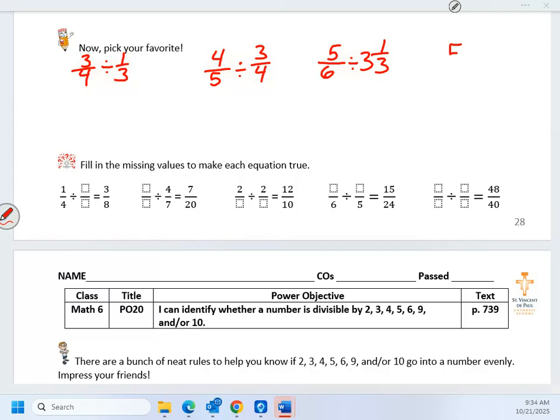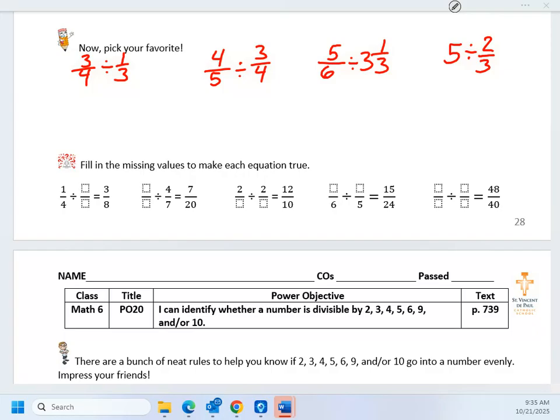And we have 5 divided by 2/3. So you need to write those problems down, and then you're going to do that math to find the answers for those 4 problems. And at the very bottom, it says fill in the missing values to make each equation true. So 1/4 divided by what would give us 3/8 as an answer.